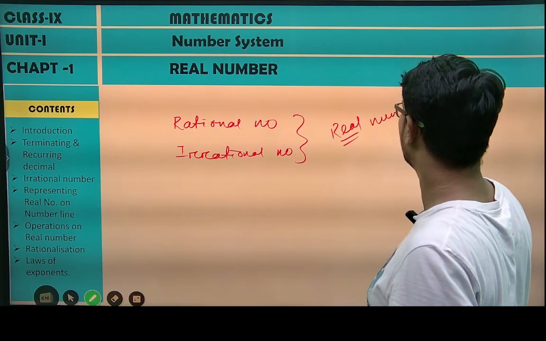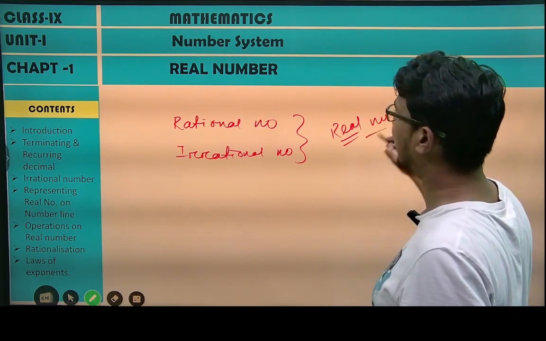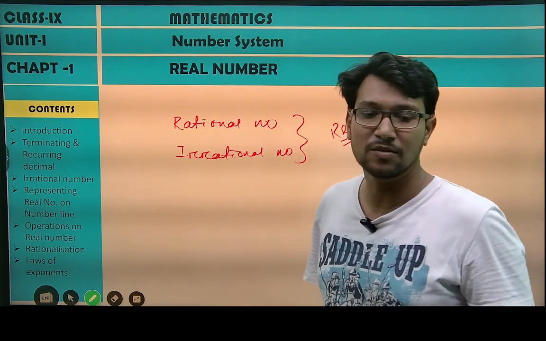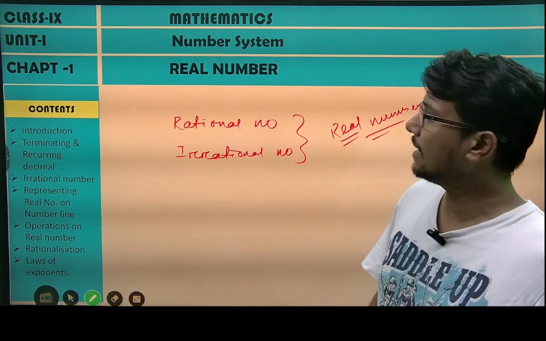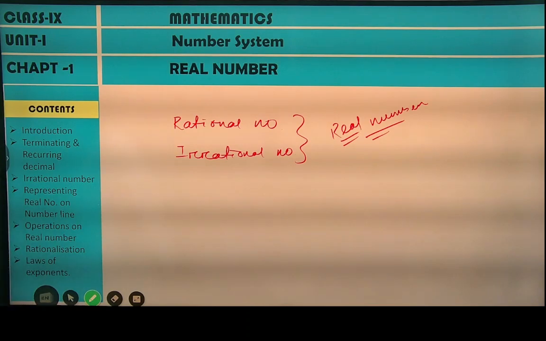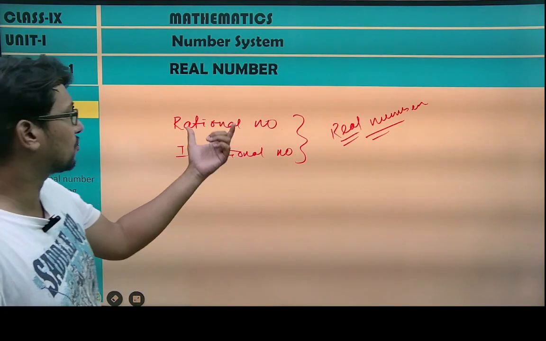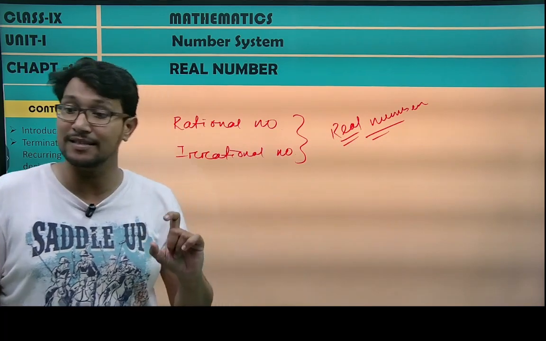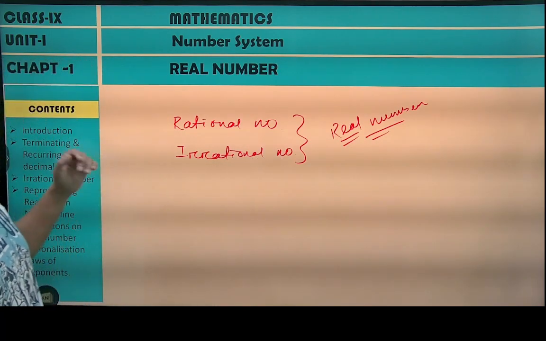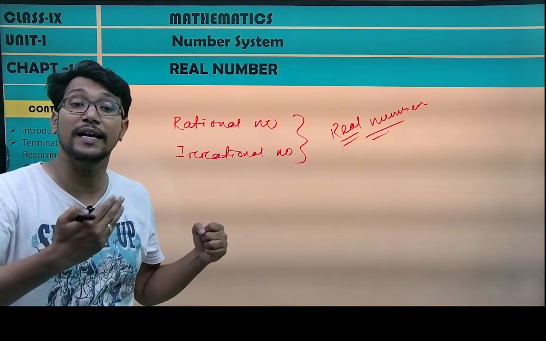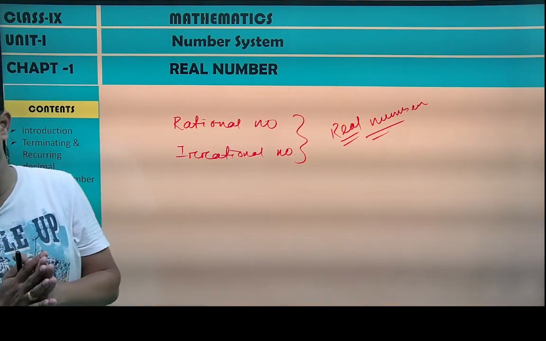Real number. So we are going to start our first chapter, that is what? Real number. Now let us understand what is there inside real number. To understand real number, you should know first about rational number. Which one you know in which class? Class 8. And with that, what is the decimal expression of rational number we are going to study?